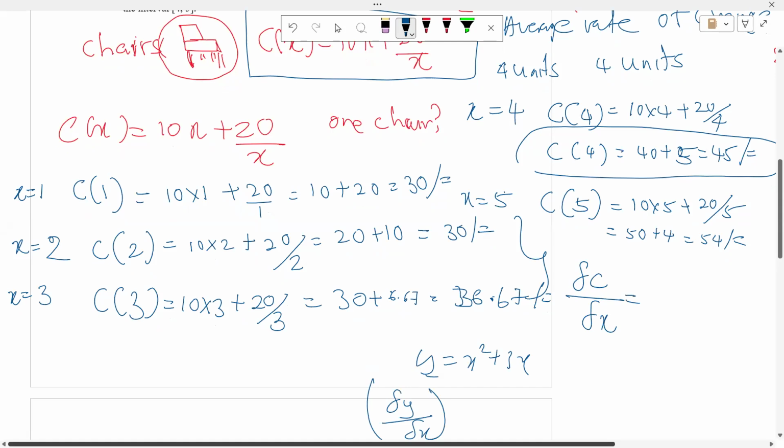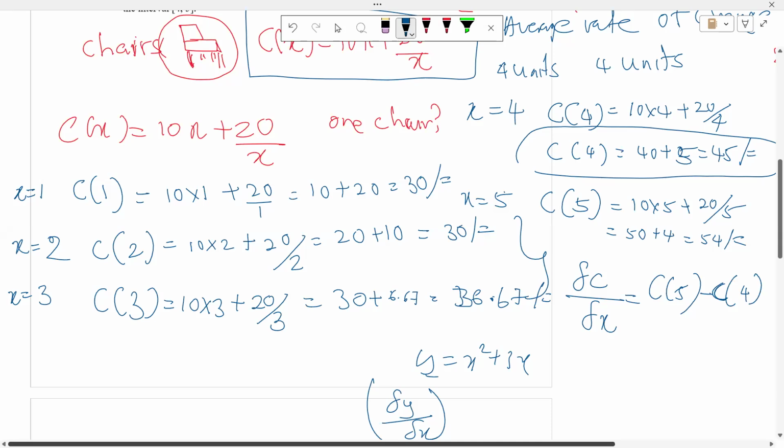Delta C means C5 minus C4: the manufacturing cost change, the cost for manufacturing 5 chairs minus the cost for manufacturing 4 chairs, right?